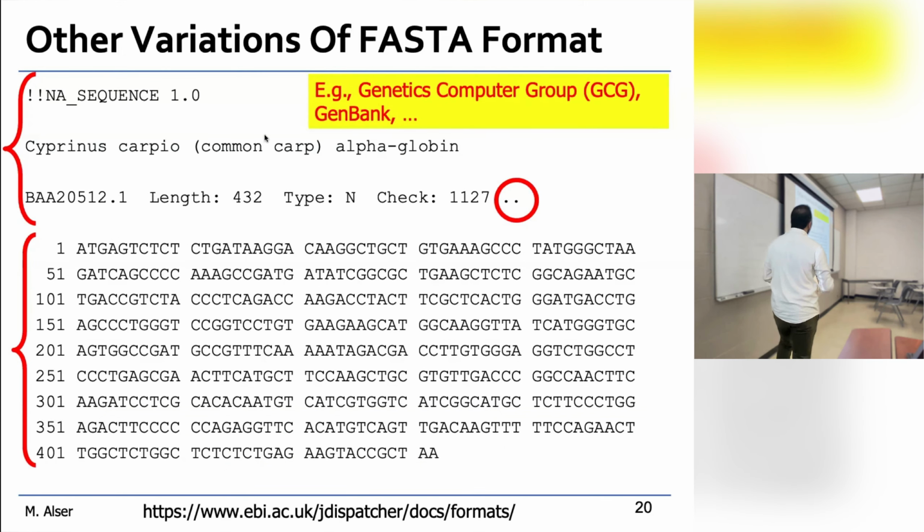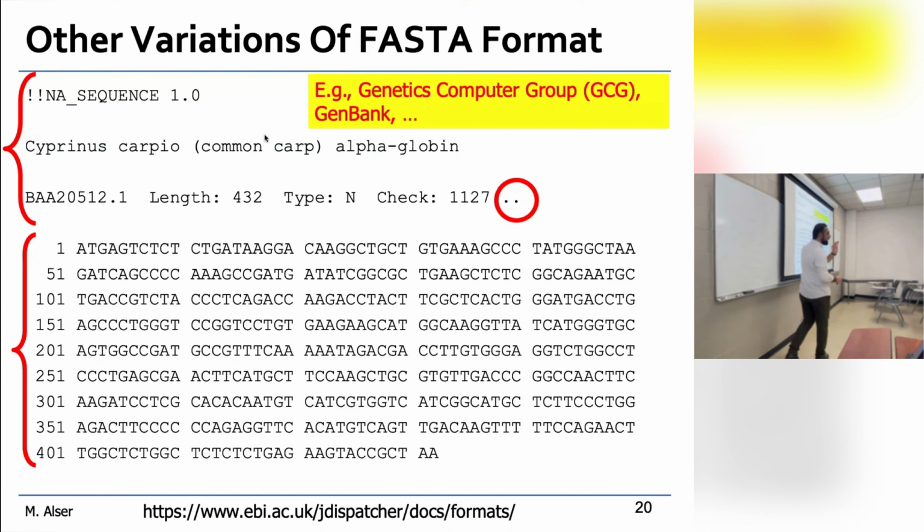There are some other, older variations of that file. You will see them in practice once you start working on bioinformatics topics. However, it's very similar. You can see there are two portions of data. The first portion is some description, divided over multiple lines, and the end of this portion is the two dots.